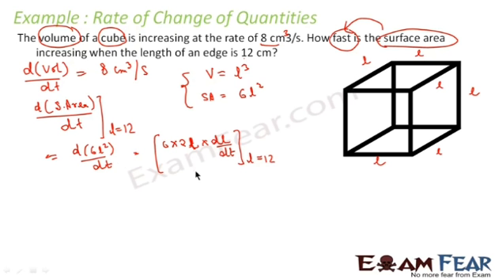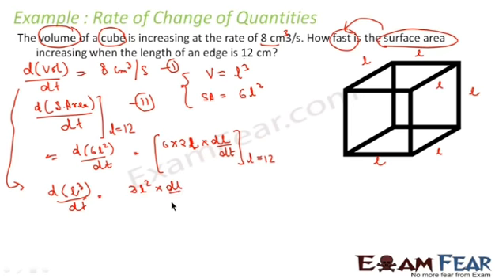How can we find dl by dt? We can find it using this equation, correct? This is equation 1 and this is equation 2. From equation 1 I can find it. So let's take equation 1. Volume is nothing but L cube. So d volume by dt becomes d of L cube by dt, that is nothing but 3L square into dl by dt, and the value of this is 8 centimeter cube per second, given.